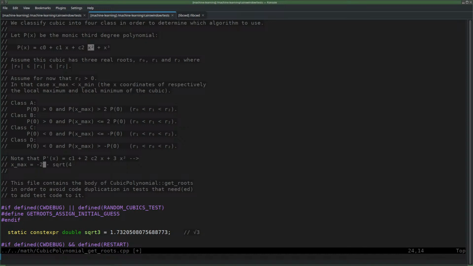Wait a minute. It's minus b. I'm getting a c2 here. Plus or minus, would we take the minus because a is positive? We want the left one. Divided by 2a, so that's this one. And here we have b squared, c2 squared, minus 4ac. So that is 4 times 3 is 12 times c, which is c1. And again, remove the 4 here, get the 2 here, and then divide by 2.